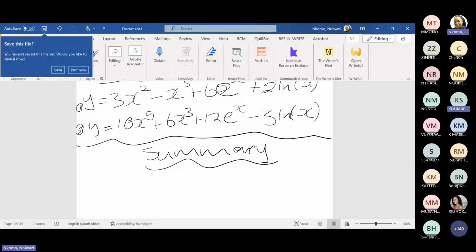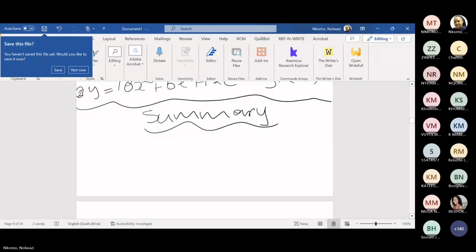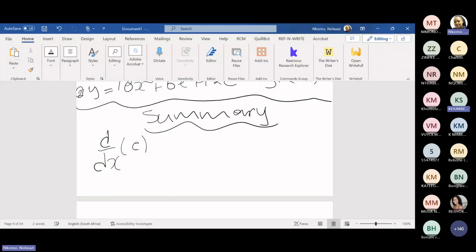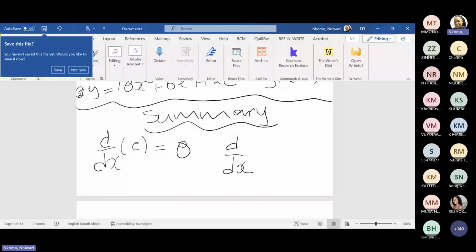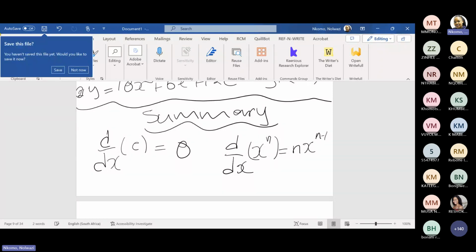Okay, today, this is what we did. The derivative of a constant, right? We said it's 0. And the derivative of x to the power n, we said it's n x to the power n minus 1. I'm just doing a summary here.